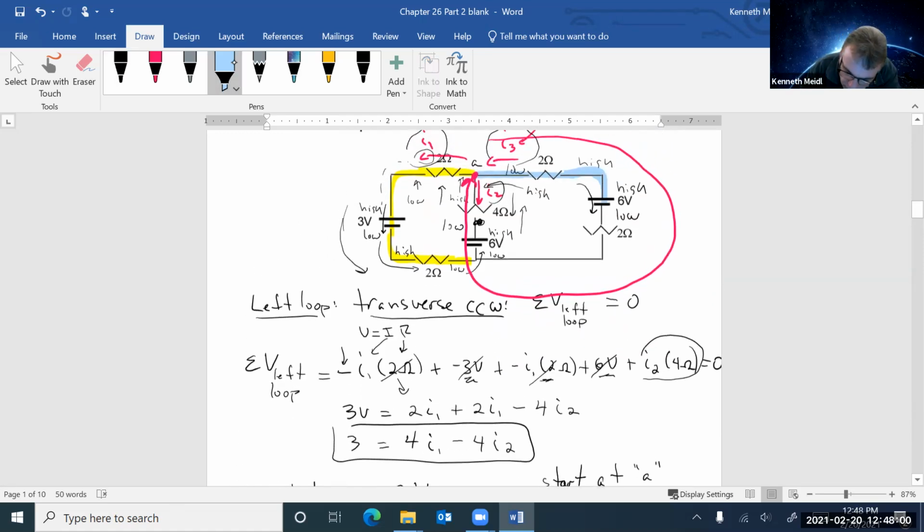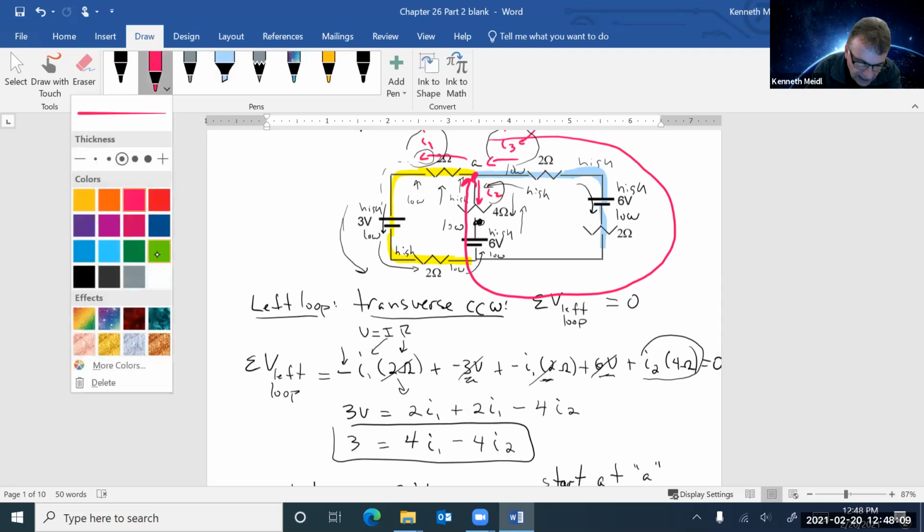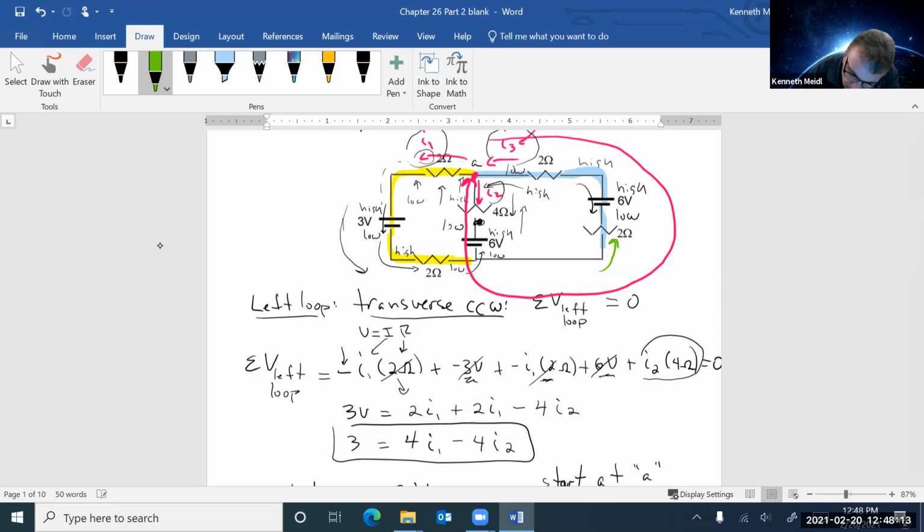Then I'm still traversing, and I'm going to run across this element here. I have guessed that I3 is coming this way, the current in that particular wire. And if it's coming that way, this is the high energy side, because it has yet to cross that resistor.